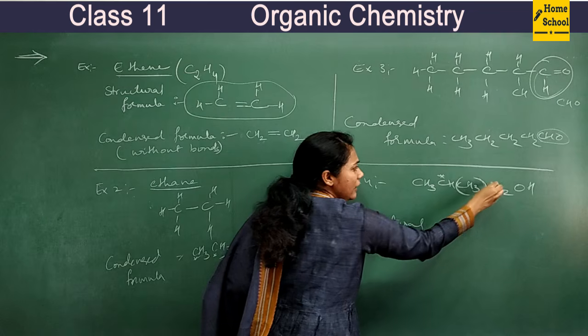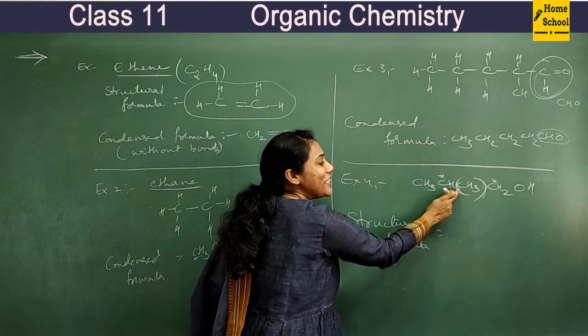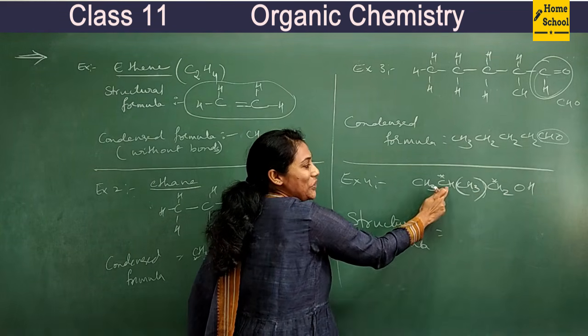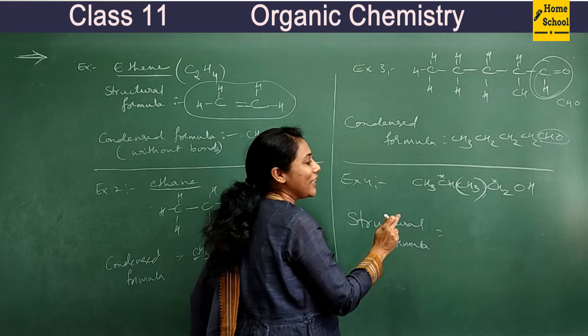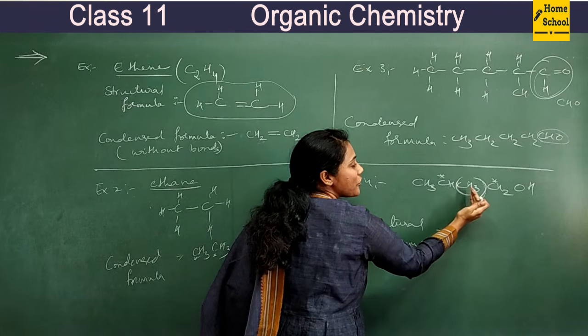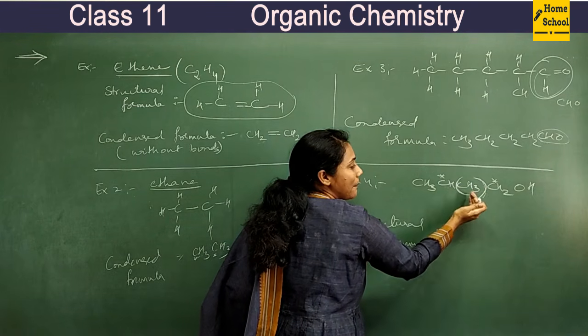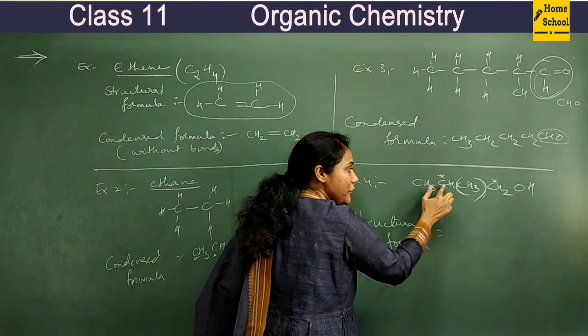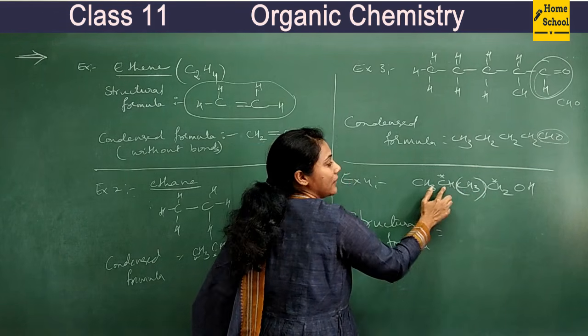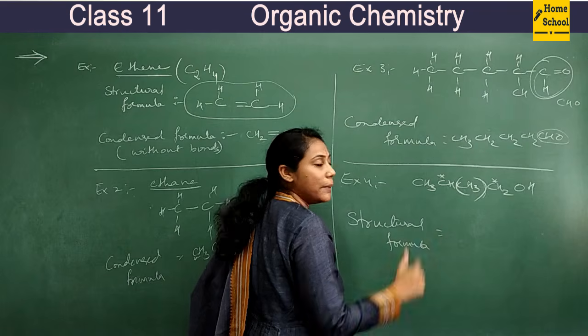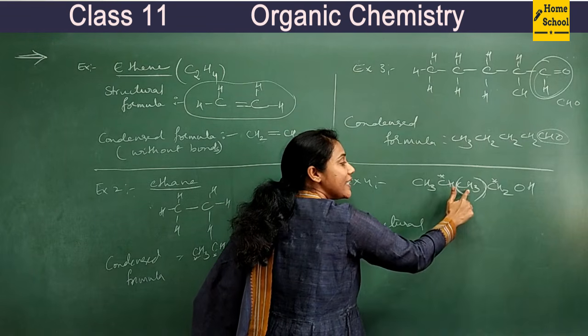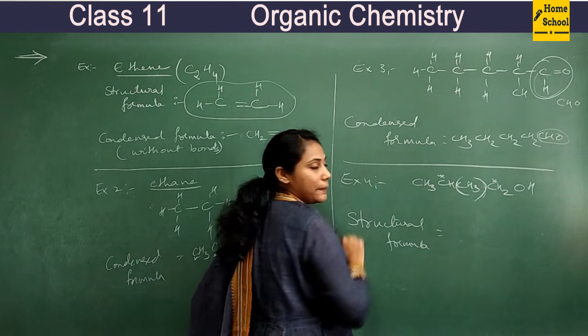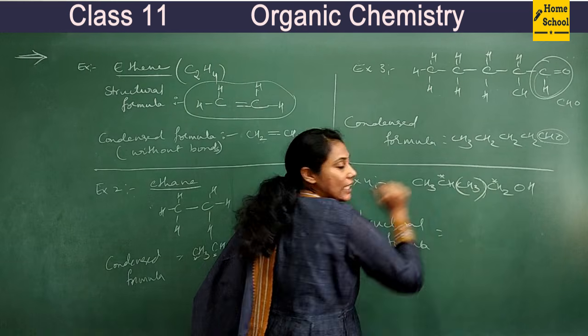To this carbon or to this carbon? It is to this carbon. So always, if something is there in a bracket, the bracket contents are a branch for the left carbon, not the right carbon. Most of the time the branch is at the left carbon.